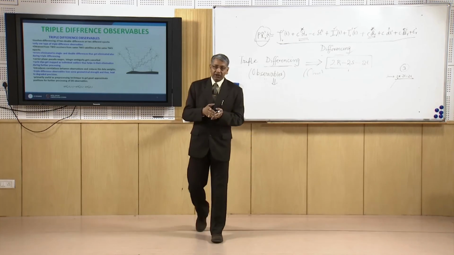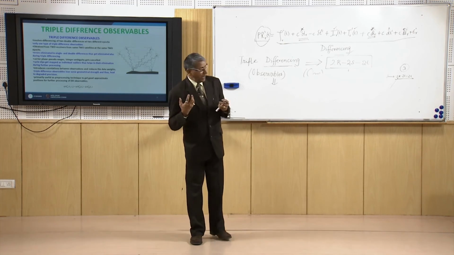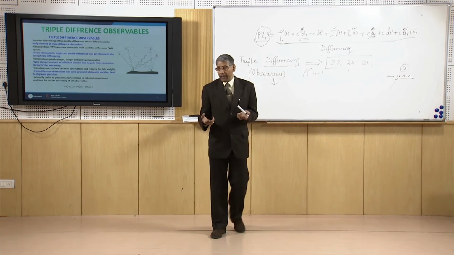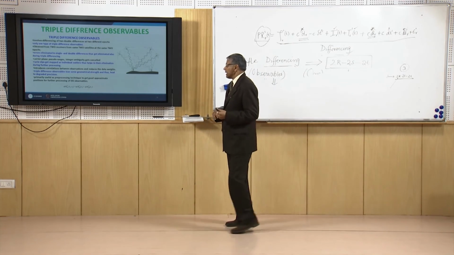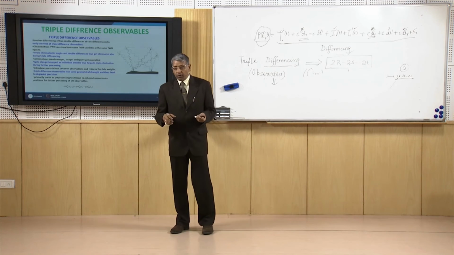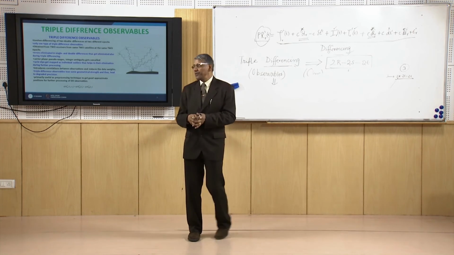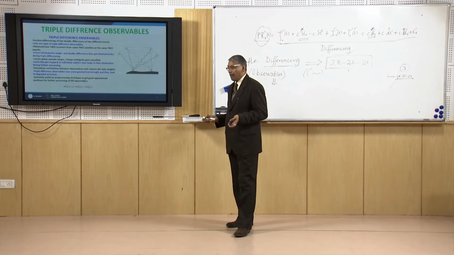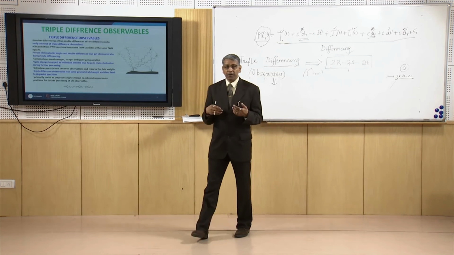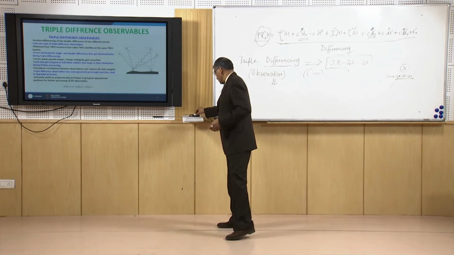So if we can identify those, those observables will be taken out, and later we will make use of double differencing of the observables for our further GPS processing. So that is all about it.